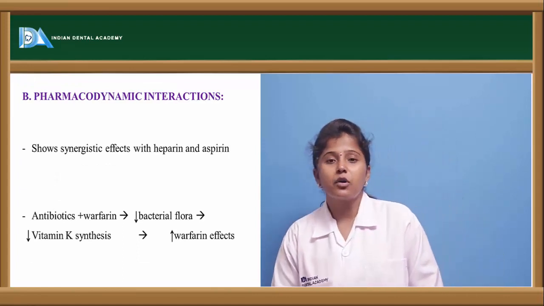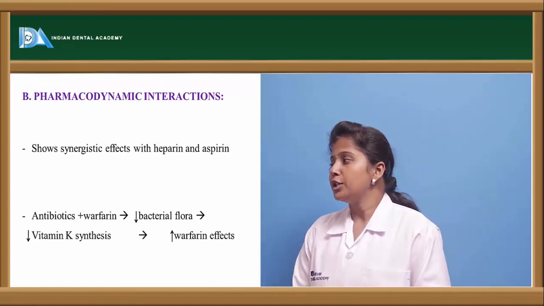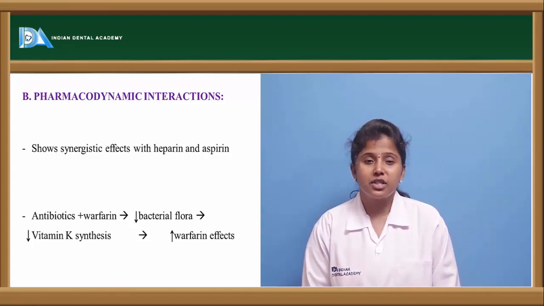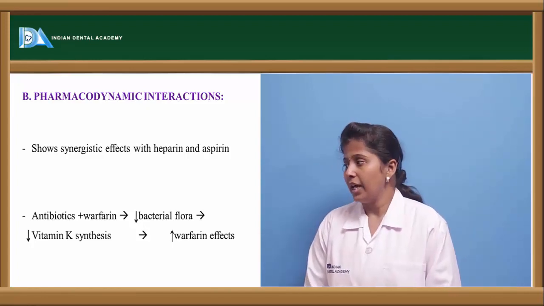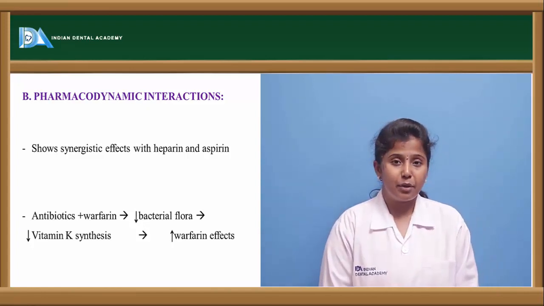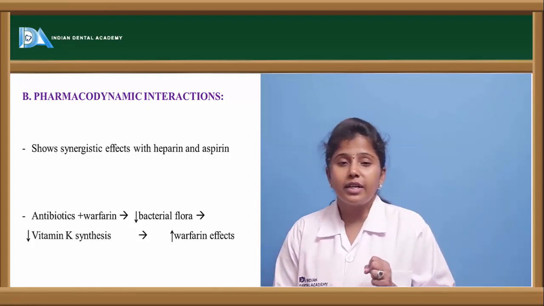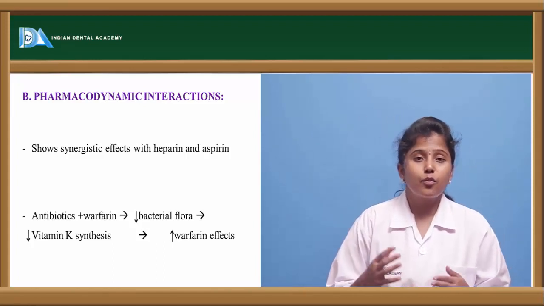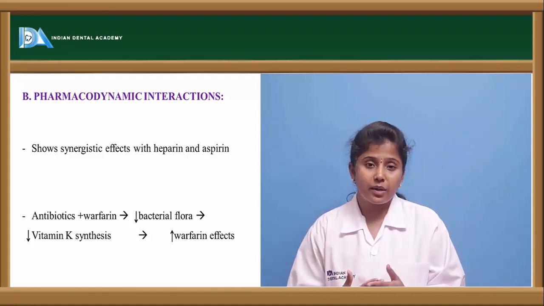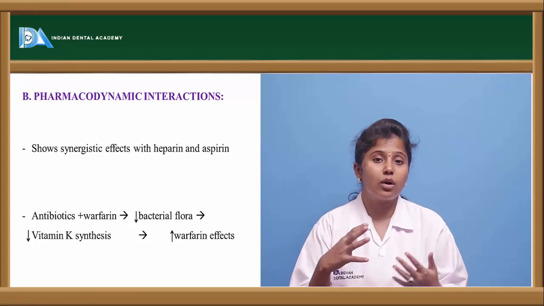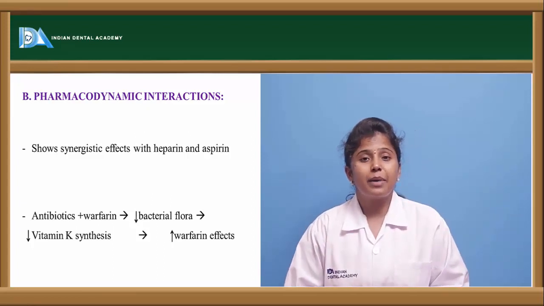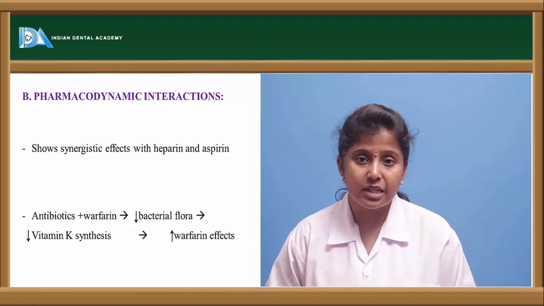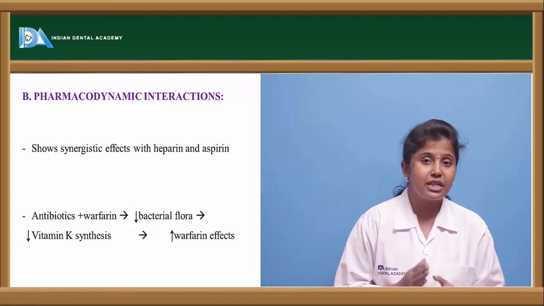If we see the pharmacodynamic interactions of warfarin, it shows a synergistic effect. If warfarin is given with heparin and aspirin, it shows a synergistic effect and causes excessive bleeding. And warfarin should not be given with antibiotics because warfarin inhibits vitamin K. There are bacterial flora, the microorganisms present in the intestine, which are very essential for the body.